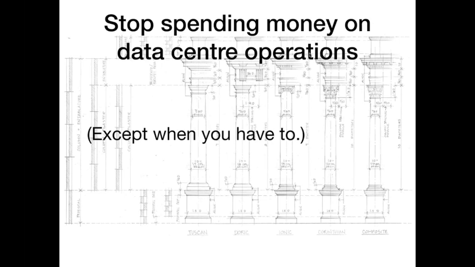Again, cloud. Amazon doesn't want you to run data centers, so stop spending money on data centers, except when you have to. There's all sorts of interesting reasons why you might need to have a data center for your automation environment.